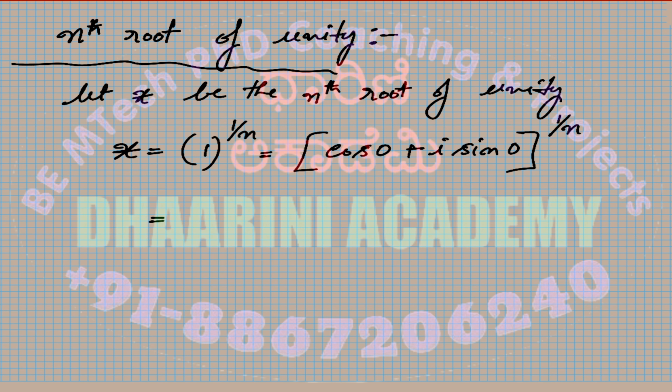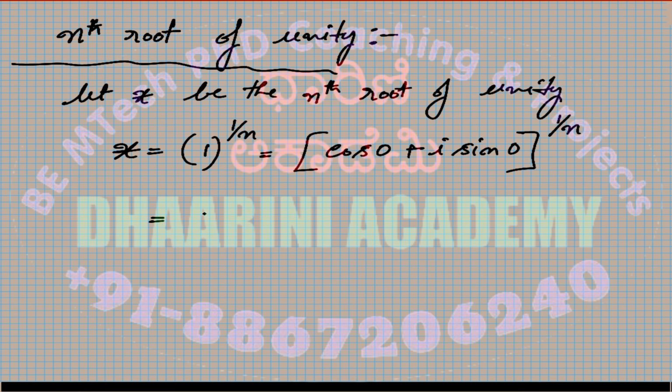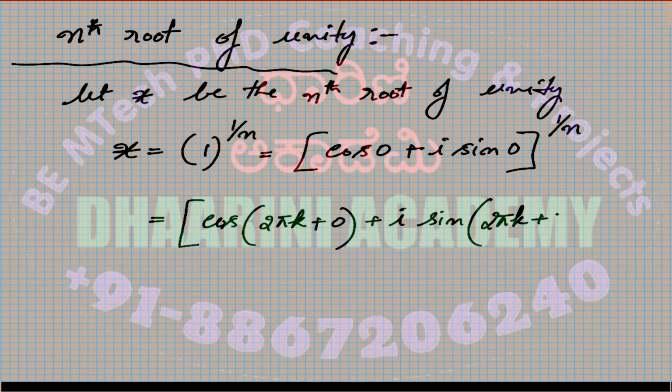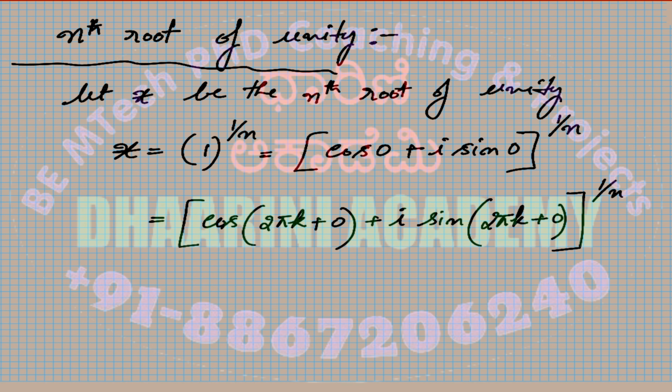If you keep on adding 360 degrees, or 2 pi radians, there is no effect. So I can further write this as cos of (2 pi k plus 0) plus i sine of (2 pi k plus 0), where k is an integer, whole raised to the power 1 by n.